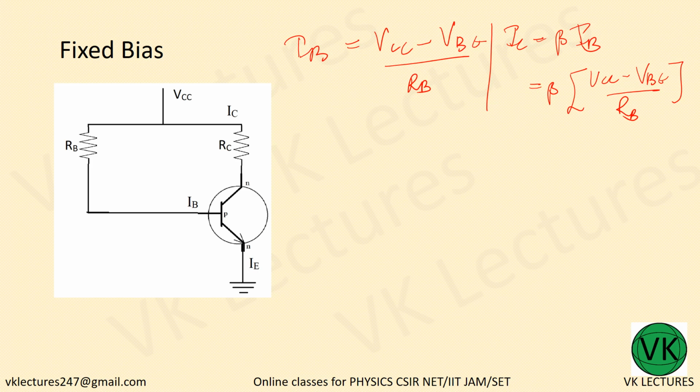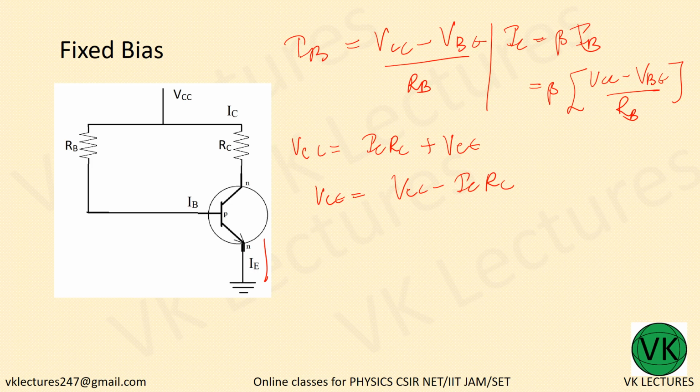Now applying this to the output, VCC equals IC RC plus VCE. There is no voltage drop across RE. So VCE equals VCC minus IC into RC. Alright.